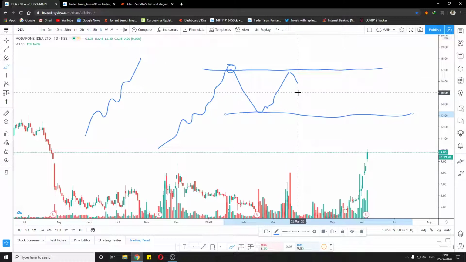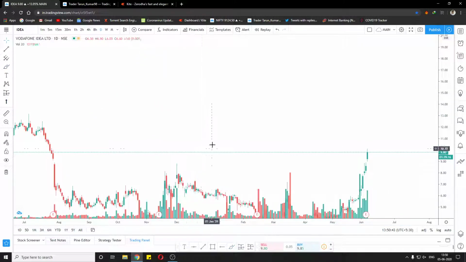Nothing more complex. Now the support and resistance is more visible when we have touched it multiple times.